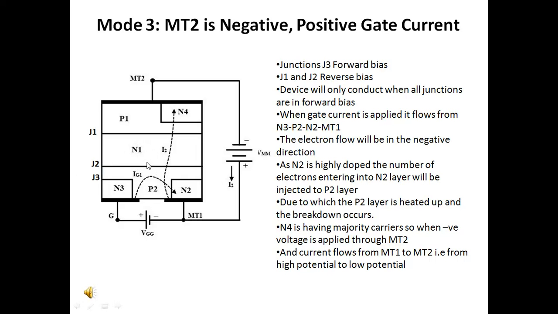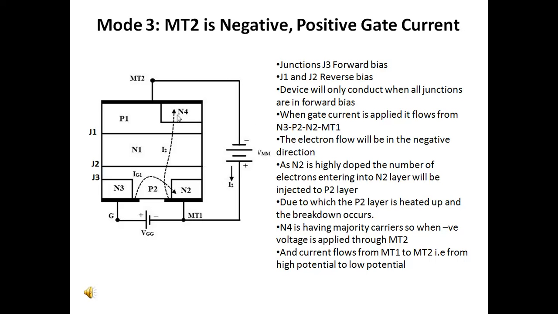Because of this particular breakdown of the P2 layer, the junction J2, which was in reverse bias, will be converted to forward bias with respect to P2 and N1. Similarly, the junction J1 was also in reverse bias. To convert junction J1 to forward bias, N4 is having majority carriers.